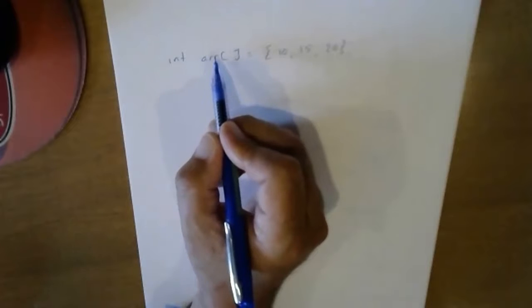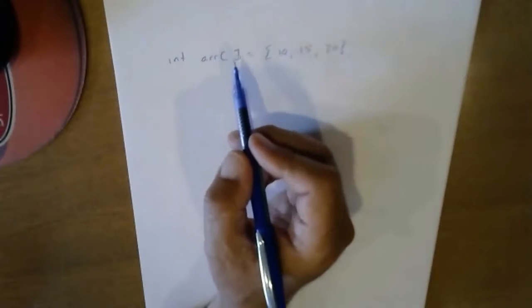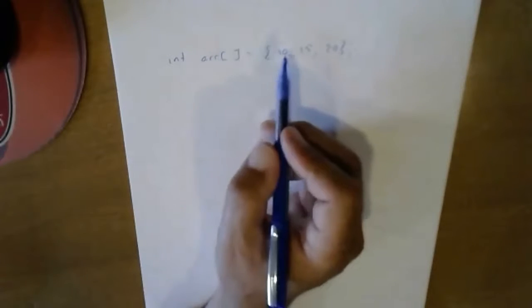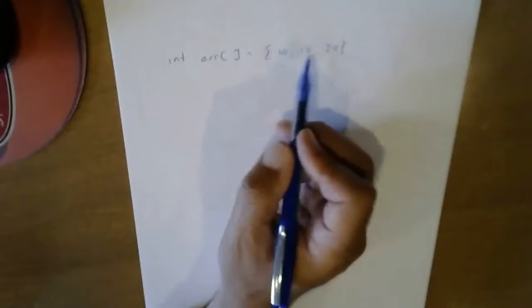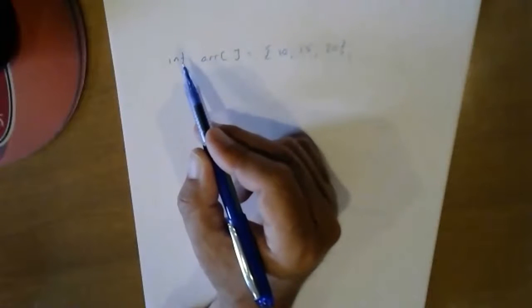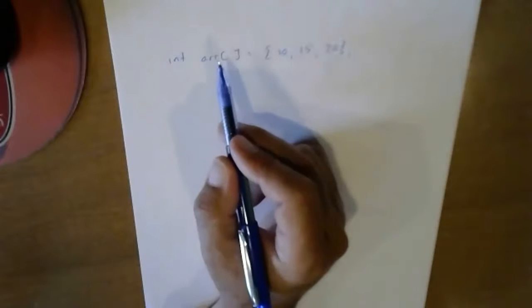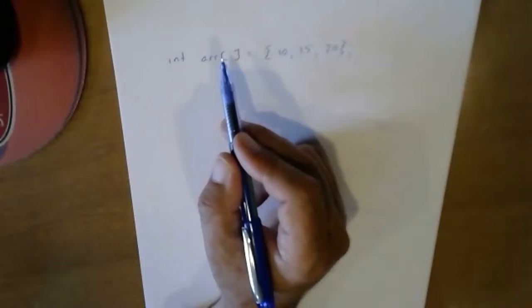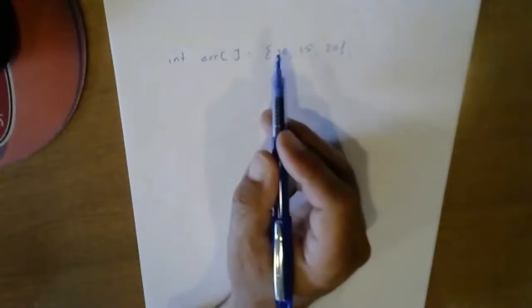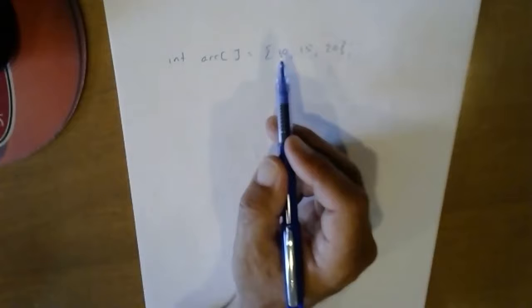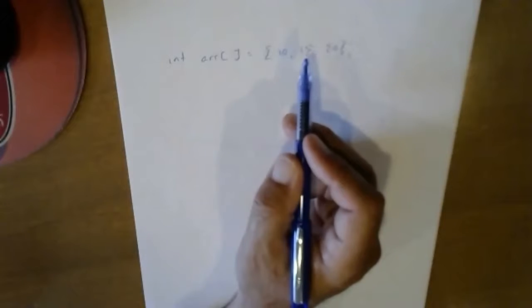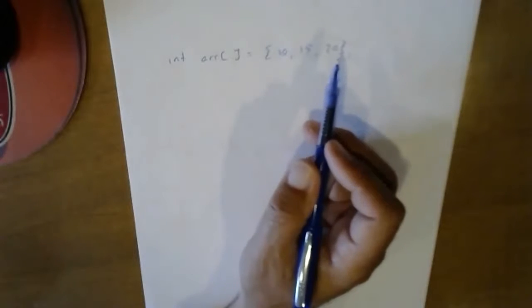ARR is the memory address of where I'm going to start storing values. In this case, I'm going to store 3 values, all of size 4 bytes. So at this memory address, I need to make sure I have 12 bytes available. The first 4 bytes gets the value 10, next 4, 15, the next one is 20.